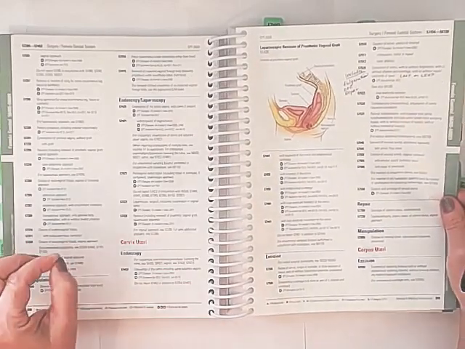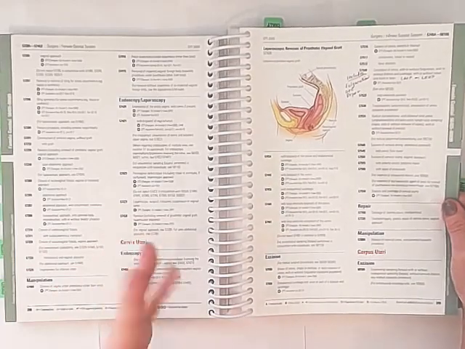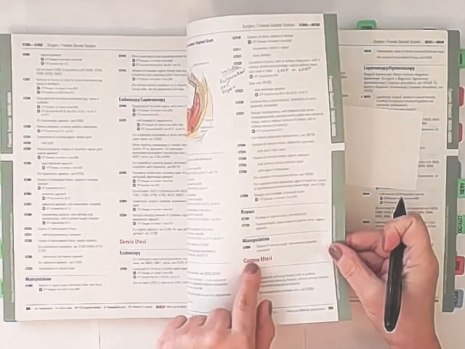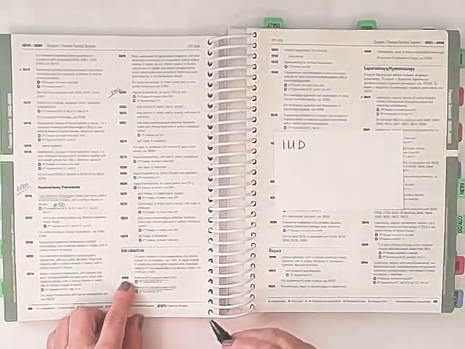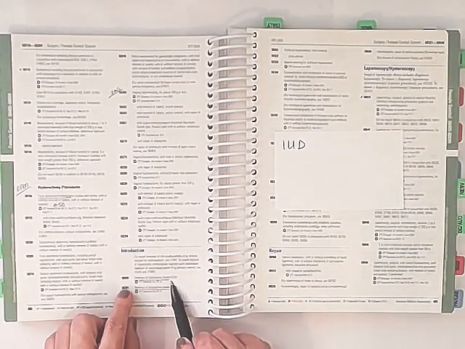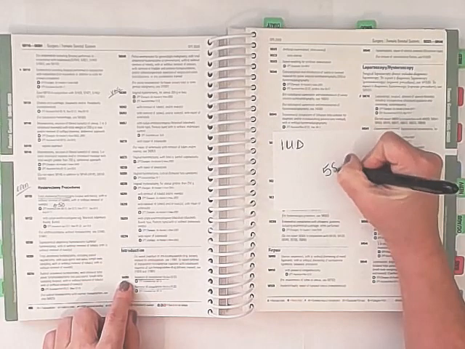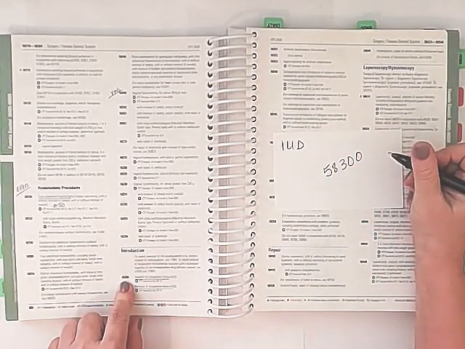An IUD goes into the uterus. So I want to get under my uterus, probably introduction. So here's insertion of an IUD, removal of an IUD. We inserted it, so 58300.